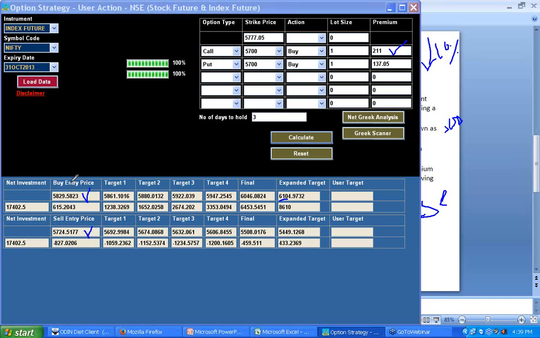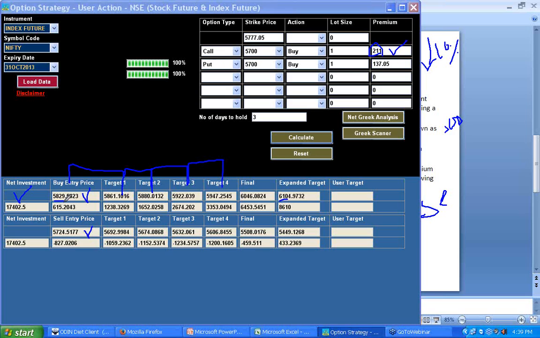If you cross this 5829, you have all chances to toss to 5861. If you cross this, you will toss to 5880. If you cross this, you will toss to 5922. If you cross this, you will come up to 5947. So this says, if you are buying at 211 and 137, your net investment is 17,000.